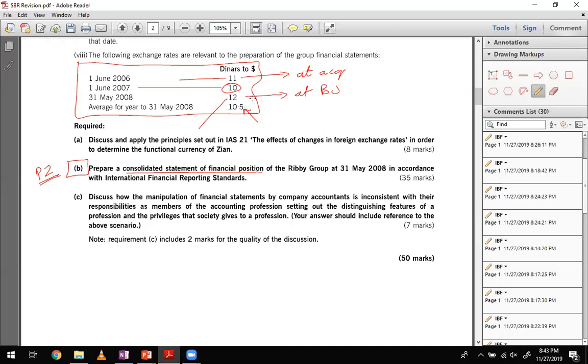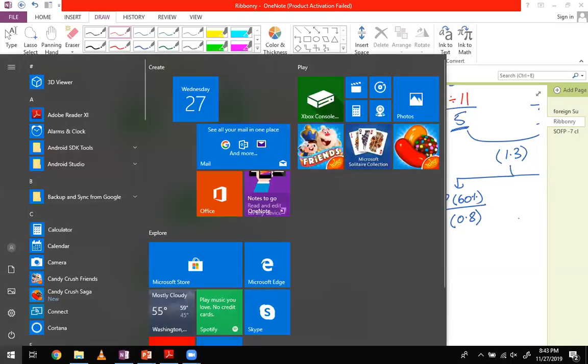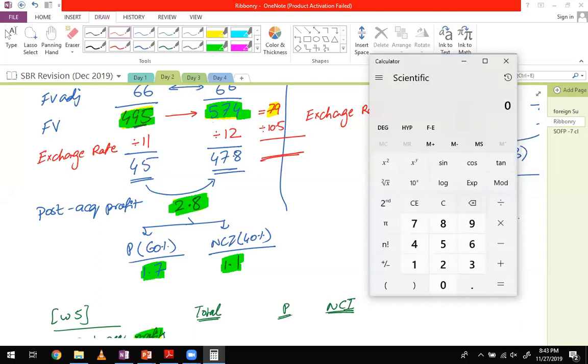So if we divide this 79 by 10.5, we are going to get the value of the profits. So it's 79 divided by 10.5, which is going to be 7.5 approximately.